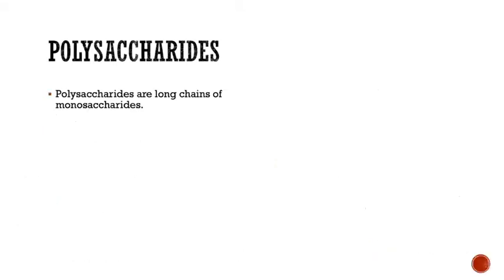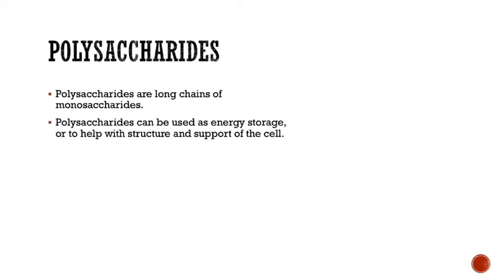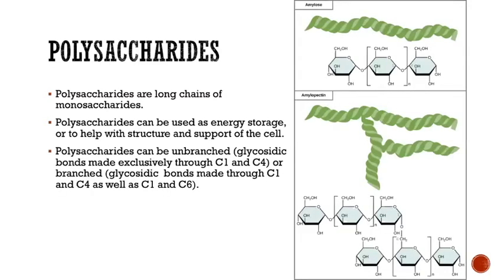Okay, polysaccharides are long chains of monosaccharides. Polysaccharides can be used as energy storage or to help with some structure and support of the cell. So polysaccharides can be unbranched, meaning these glycosidic linkages are only through carbon 1 and carbon 4 of each molecule.